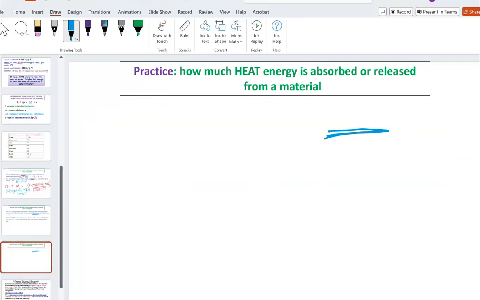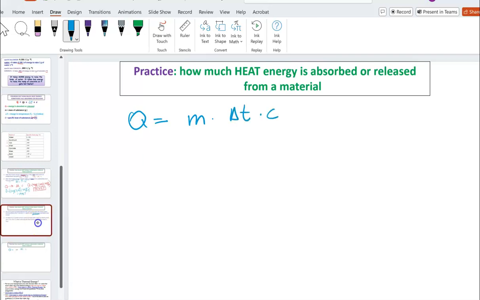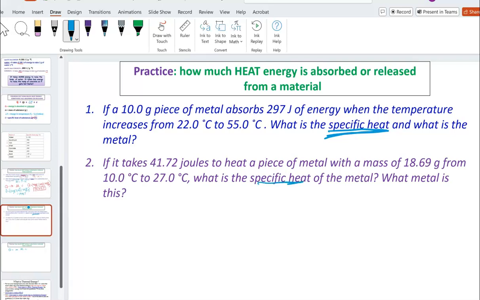Okay, so I'm going to start with my original equation. Q is equal to M times change in temperature times specific heat. So the problems we're going to solve on this page is we are calculating for specific heat.